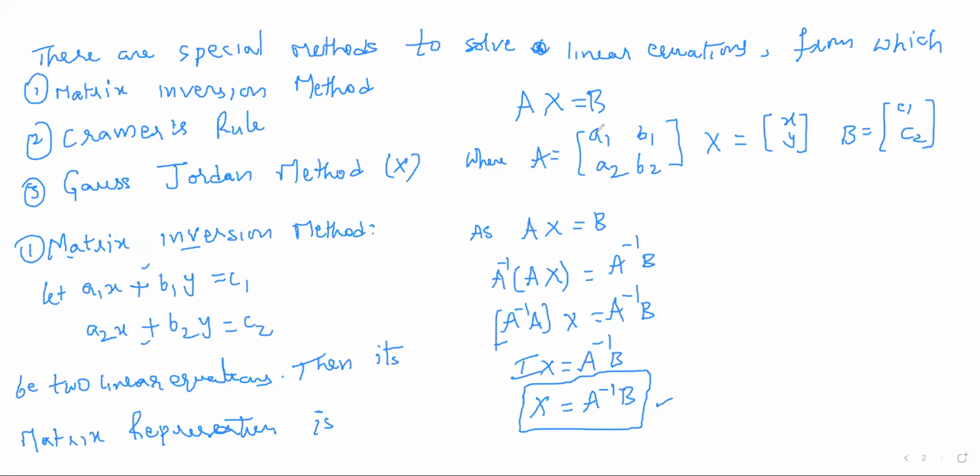That is, a1 into x, a1x plus b1 into y, b1y. Similarly, a2 into x, a2x plus b2 into y, b2y only. That's why I am writing this one like this. Okay, now we will do some problems based on matrix inversion method.